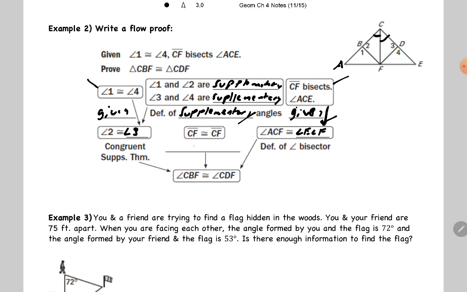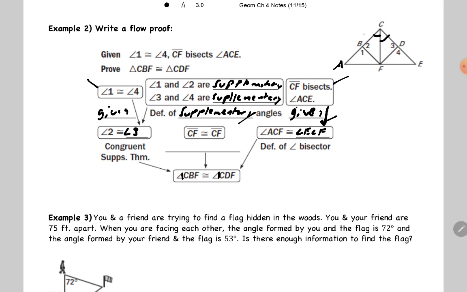And then they wanted to show that this is supposed to be a triangle. There we go. So we're trying to show that those two triangles are congruent, CBF. So this upper left one and then the upper right.